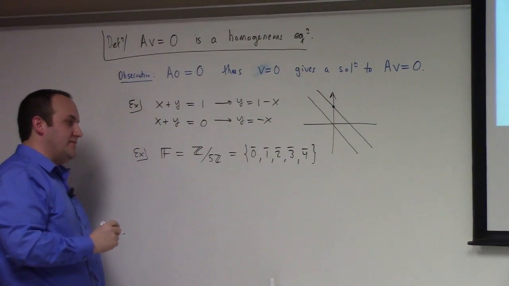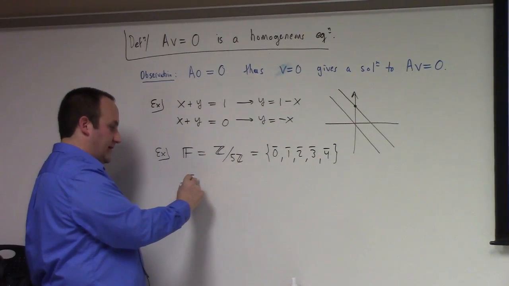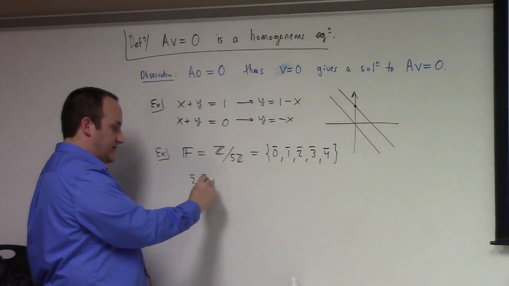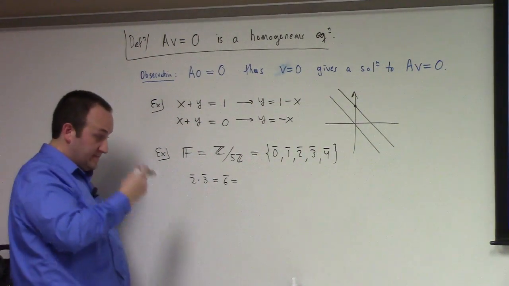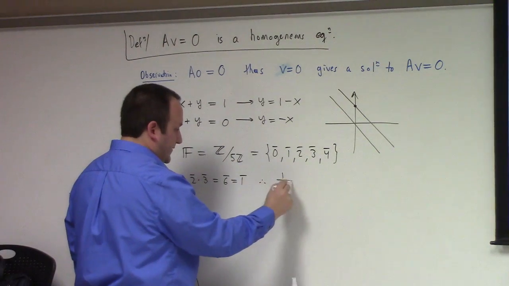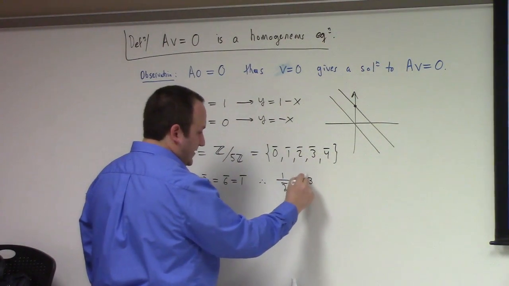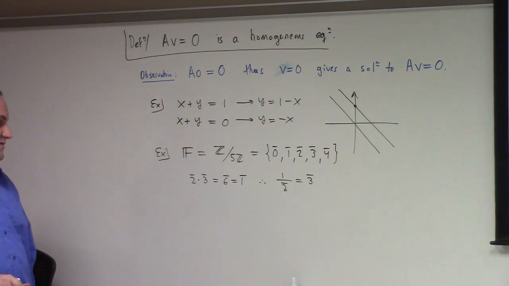What's the multiplicative inverse of 2? 2 bar times 3 bar was equal to what? 6 bar, which in this context is 1 bar. So therefore 1 over 2 bar is equal to 3 bar, and vice versa for 3. So the multiplicative inverse of 2 in Z mod 5 is 3.